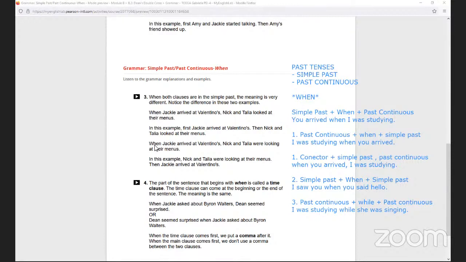In the other example, we have the connector at the beginning, but we are using this other structure. When Jackie arrived at Valentino's, simple past, what was happening? Nick and Talia were looking at their menus. So that was afterwards the progressive way. That is the only thing.